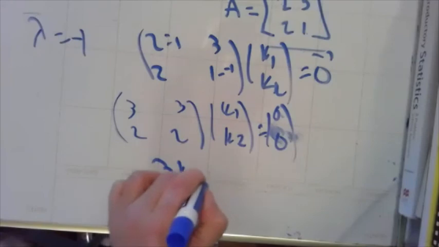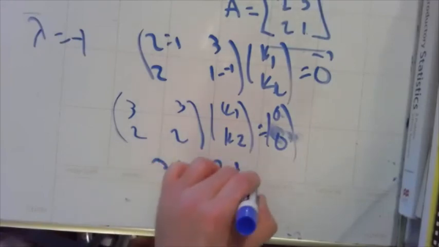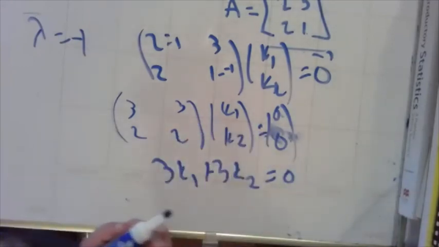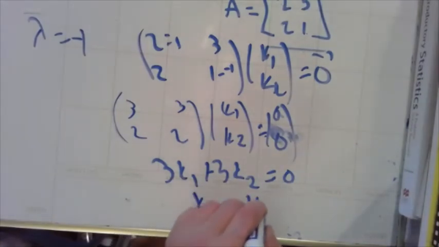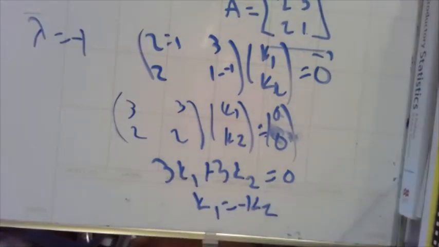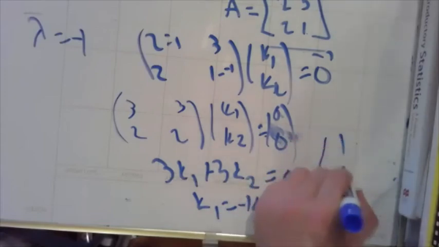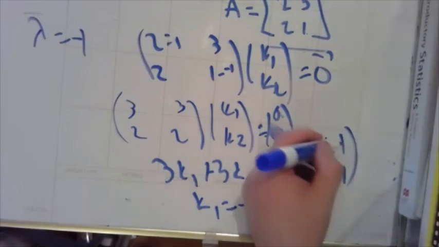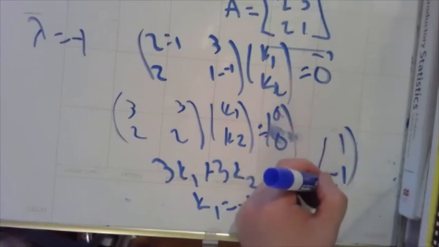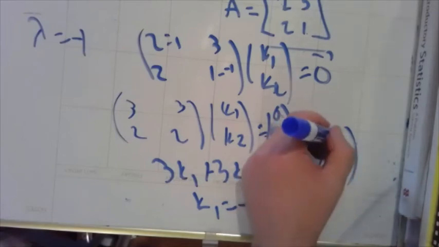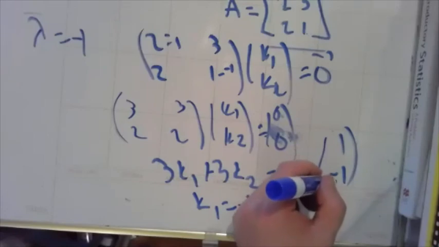So 3K1 plus 3K2 equals 0. I only need the top one. So in other words, K1 equals negative K2. So I don't know, I'm going to go (1, negative 1). I could have just as easily said (negative 1, 1). I could have said (7, negative 7). I could have said (negative E, E).